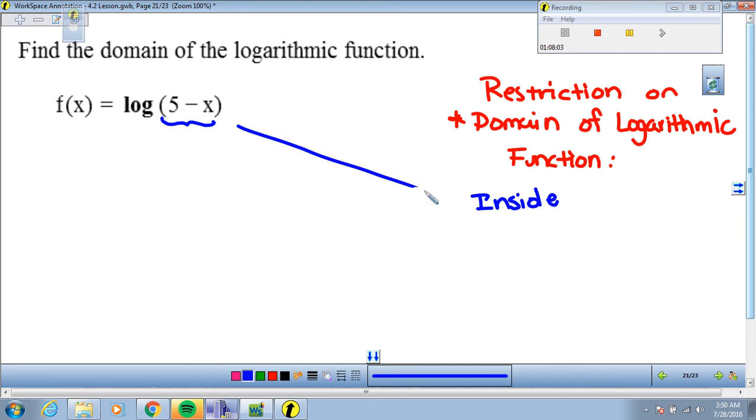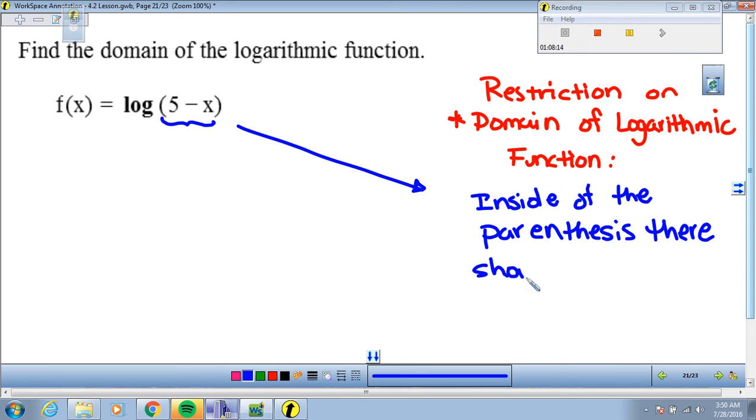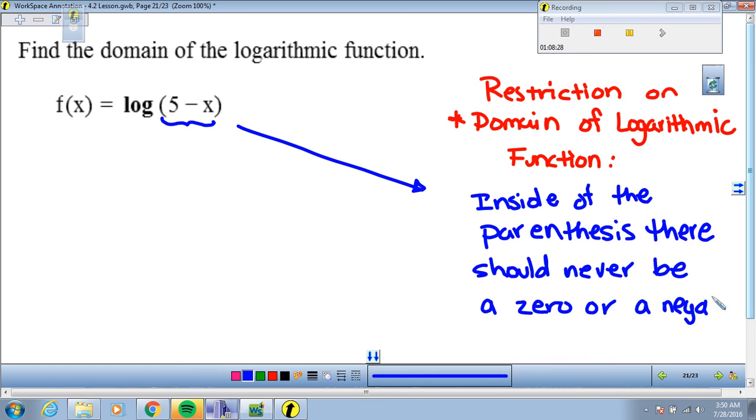Inside of the parenthesis, there should never be a 0 or a negative number. We don't want this kind of numbers. No zeros, no negative numbers.